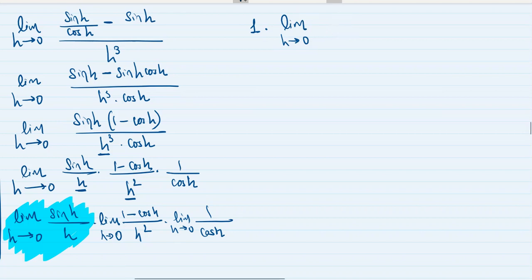I'm going to write 1 minus cos h as 2 sine square h by 2, upon h square.